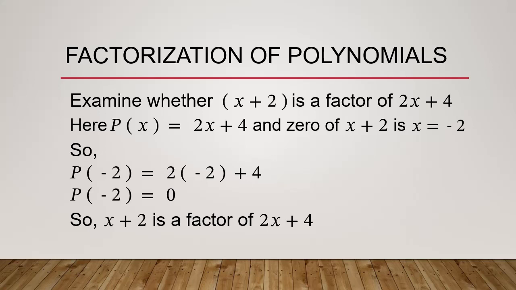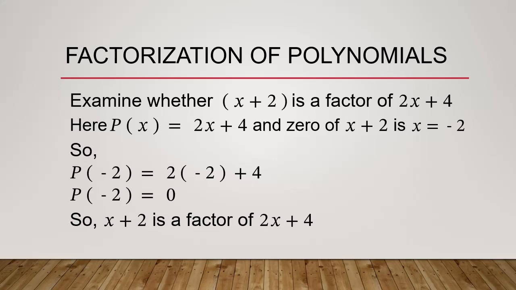Now, understanding the concept of factorization of polynomials with the help of an example. Example: examine whether x plus 2 is a factor of 2x plus 4. Here x plus 2 is a divisor and 2x plus 4 is our dividend. So suppose p of x is equal to 2x plus 4 and the divisor is x plus 2. When we equate x plus 2 with 0, we get x equals minus 2.